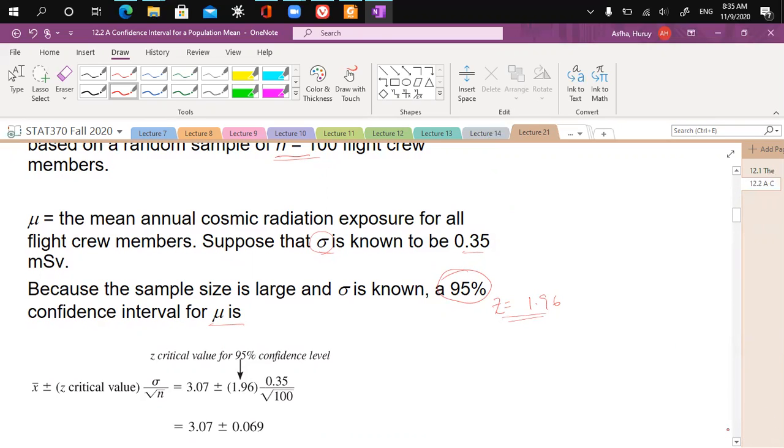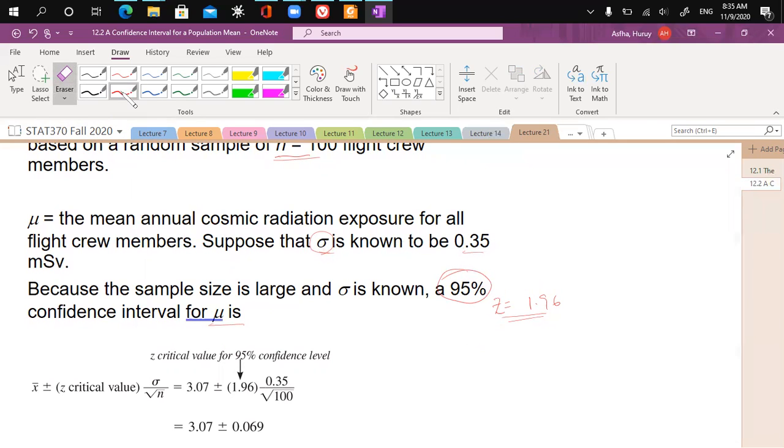And there was this empirical rule, the 68-95-99.7 rule. So it says 95% of the data is within 2 standard deviations. So based on that, Z will be 2. The critical value will be 2, but still it's okay even if you use this one.